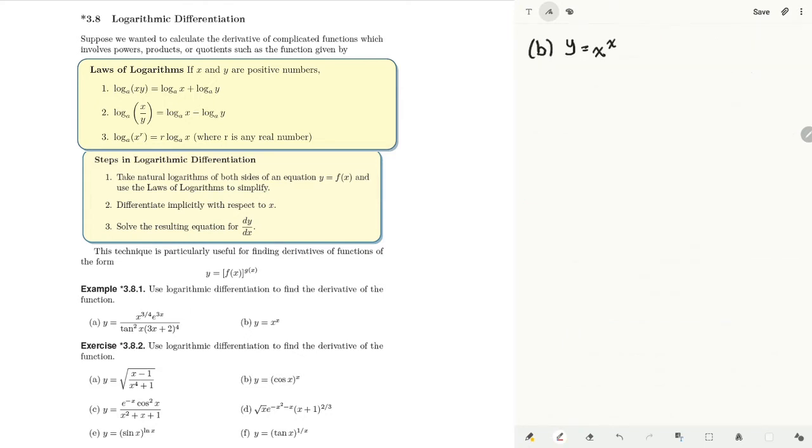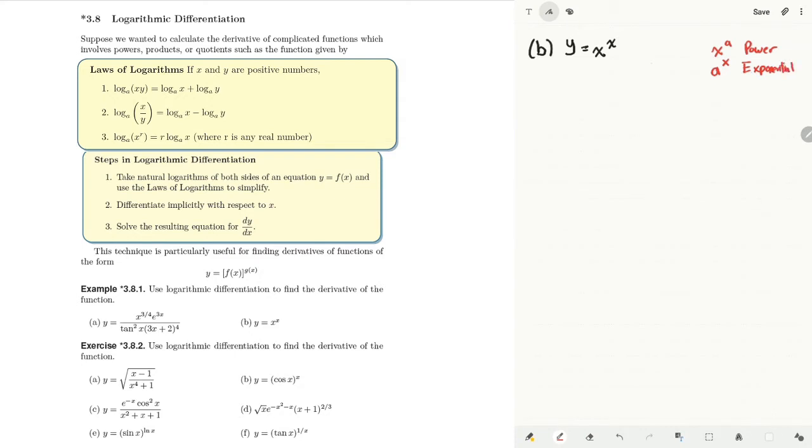So now let's look at the next function, y is equal to x to the power of x. Note that this is not a power function because the exponent is not a constant, and it's not an exponential function because the base is not a constant.